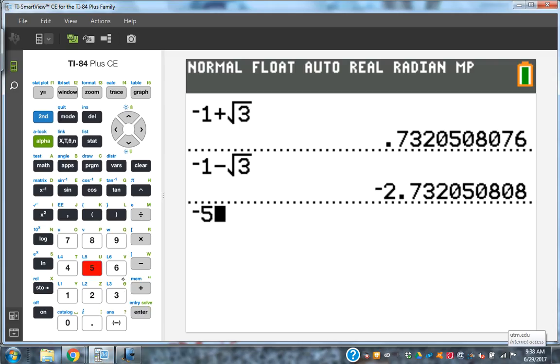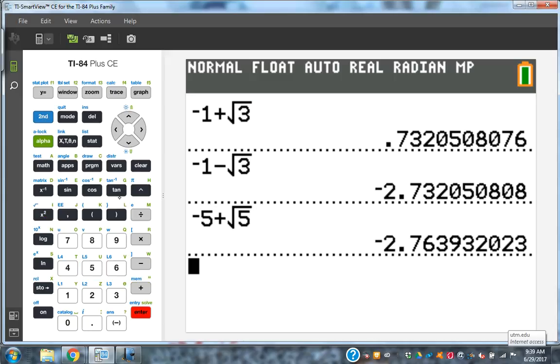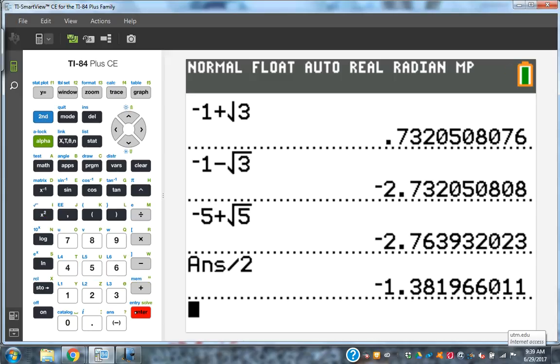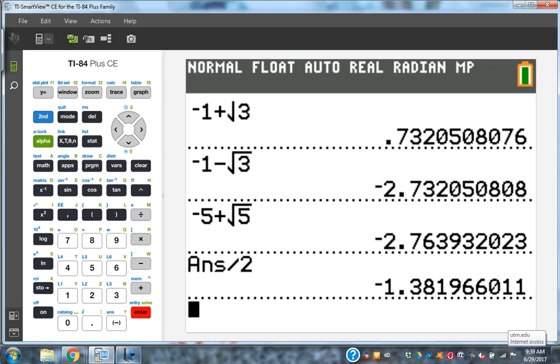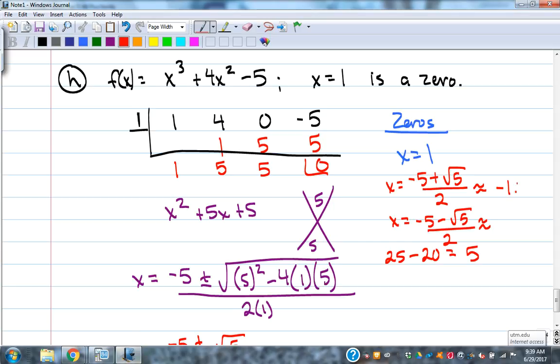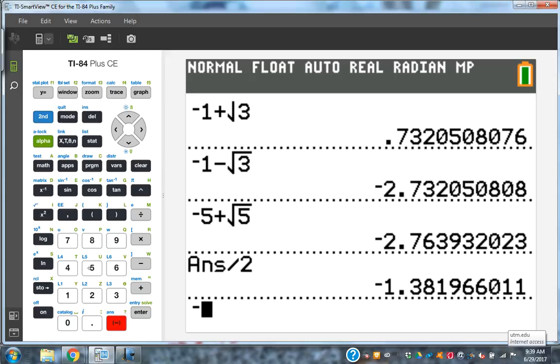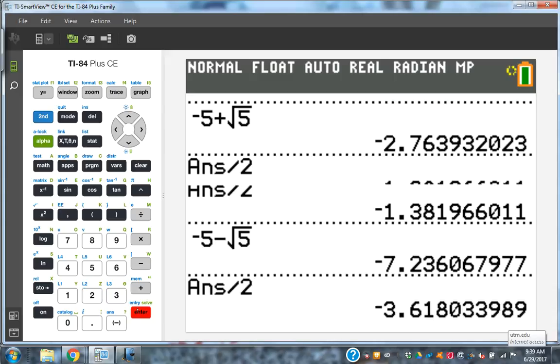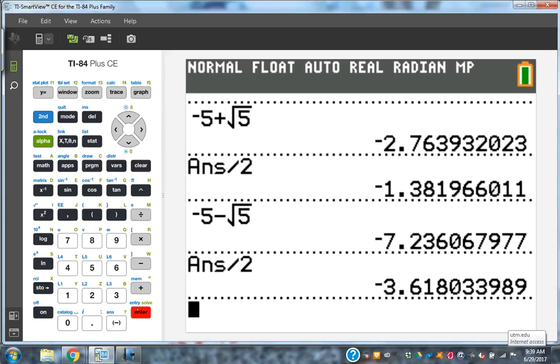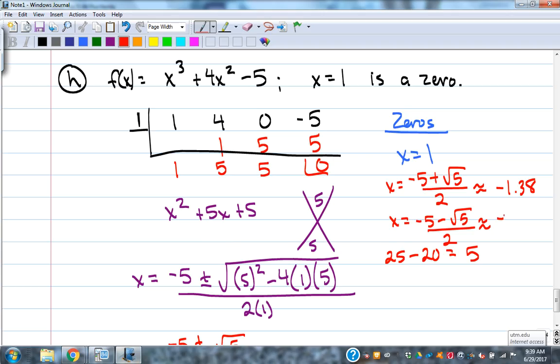So negative 5 plus the square root of 5, divided by 2. Negative 1.38. Then do the minus. Negative 5 minus the square root of 5, divided by 2. Negative 3.62.